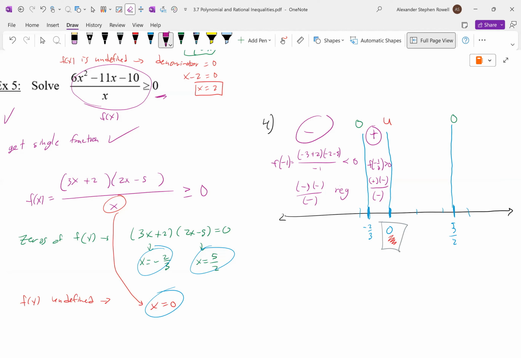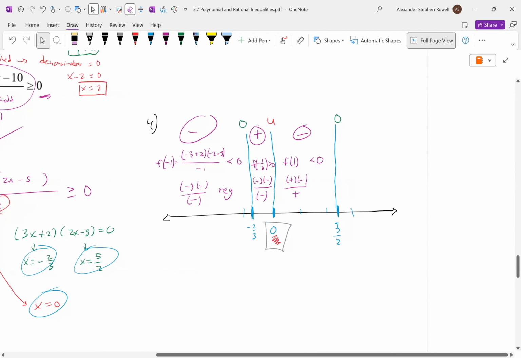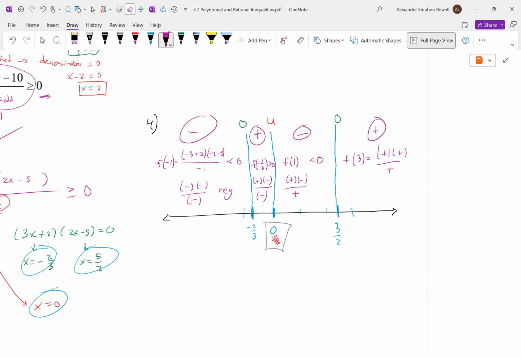Okay, my next interval, I know that the exponent here is odd, so my function is going to switch to negative. But I could just double check. What's f of 1, for instance? Positive, negative, positive, which is negative. Okay, what's your favorite number greater than 5 halves? Yeah. All right, 3. So that would be positive. So it's positive in this interval.